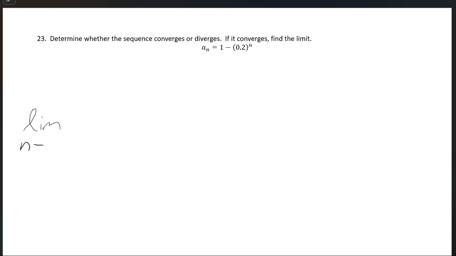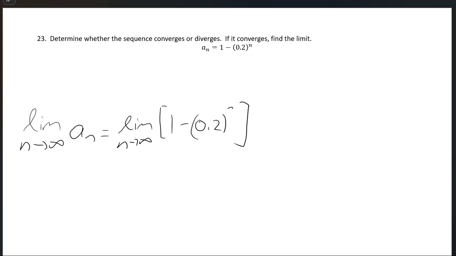So the limit as n goes to infinity of a sub n is the limit as n goes to infinity of 1 minus 0.2 to the n. Let's put this in the square bracket as well, okay? What is this limit? Well, the limit of 1 is just 1, a constant.